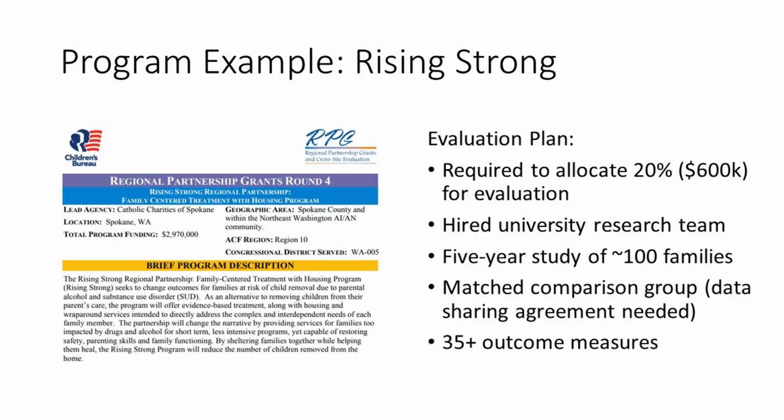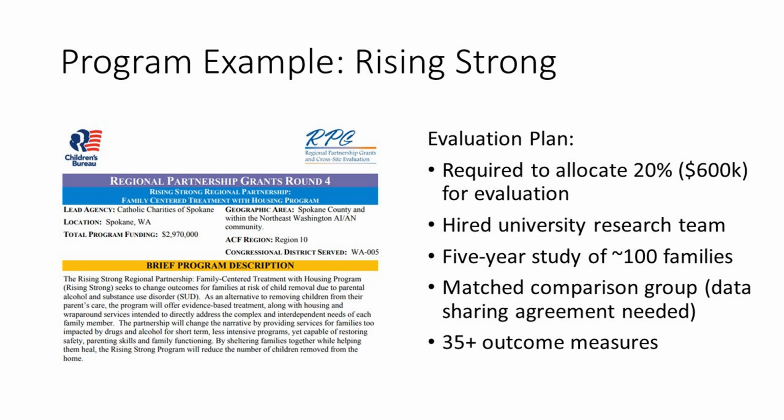The other good news about this program was that in 2017, the year we launched, we were also fortunate enough to win a $3 million federal grant from SAMHSA to provide us with 5 years of operating funding. But as we know, these types of grants can often come with pretty stiff evaluation requirements. In our case, the grant required us to allocate 20% of the grant, $600,000, for evaluation.